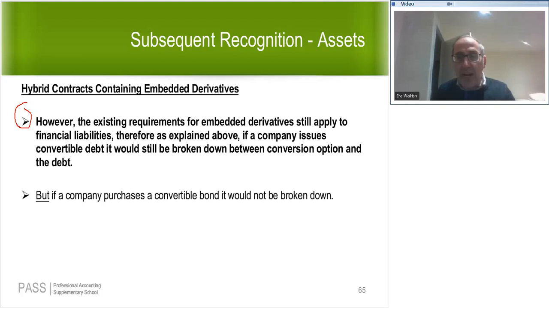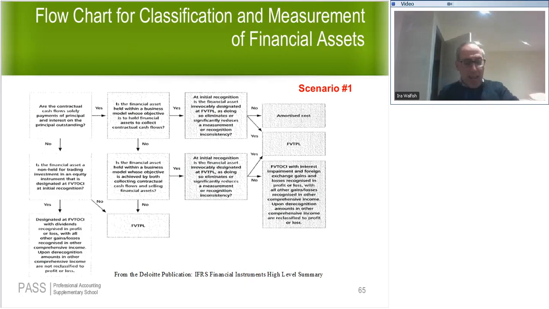The first scenario I want to talk about is, let's take a look at a situation where you went out and you bought a debt instrument. Let's assume the cash flows are solely payments of principal and interest, okay? So we meet the SPPI test.